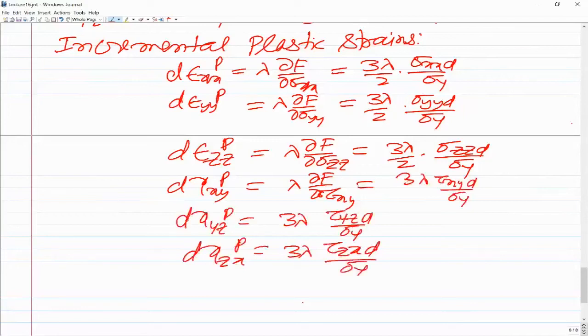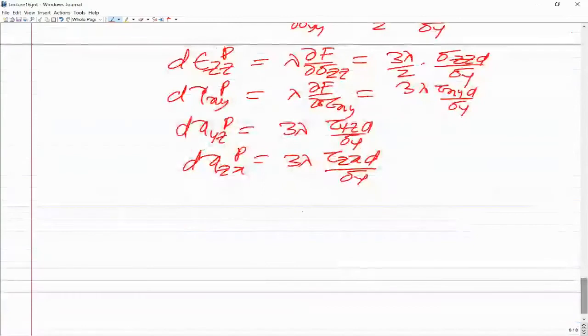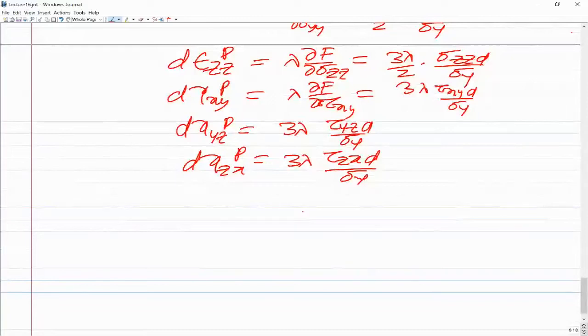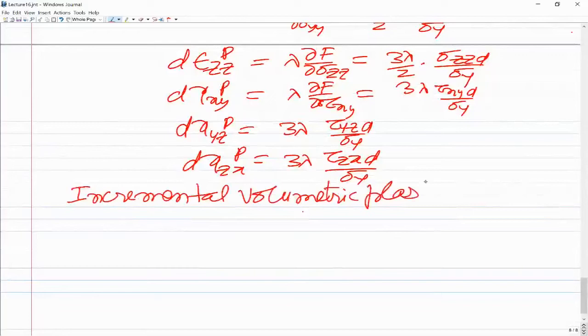Now let's see, for this von Mises yield criterion, associative flow rule, and isotropic hardening, what about the volumetric plastic strain? So let me look at the incremental volumetric plastic strain.